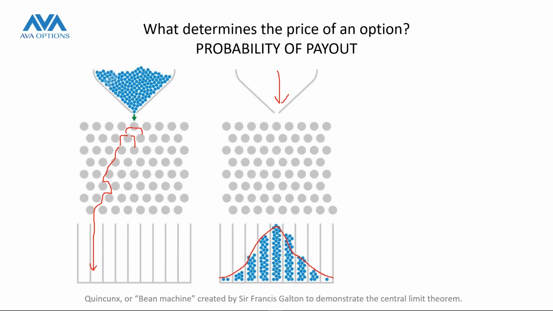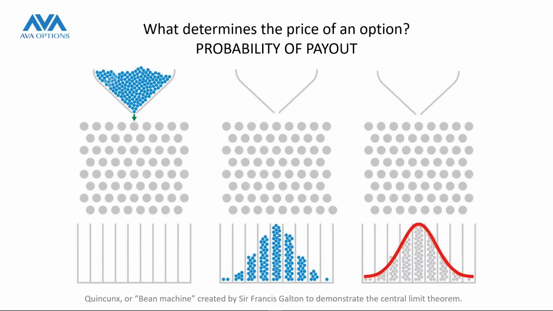Very simply, most of the balls are going to fall into the center, fewer balls will make it to the next bins, and far fewer balls will make it out to the edges. Drawing a nice smooth curve over those distributions, we get what's called the normal distribution.